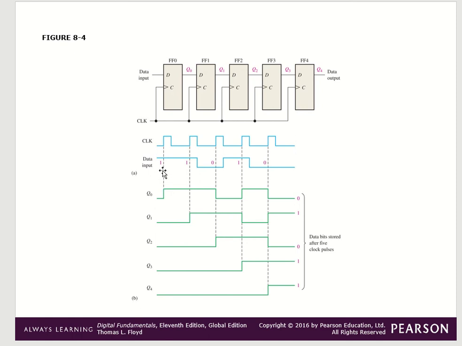The data is 11010. The data bits stored after 5 clock pulses, 11010, will be stored in the shift register after 5 clock pulses. So this is how it is working.